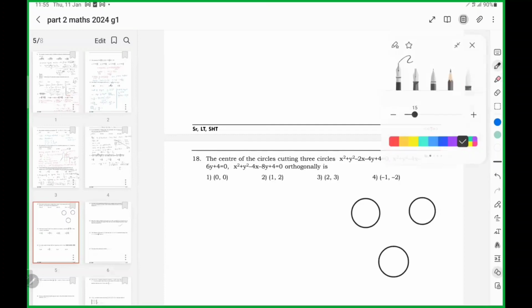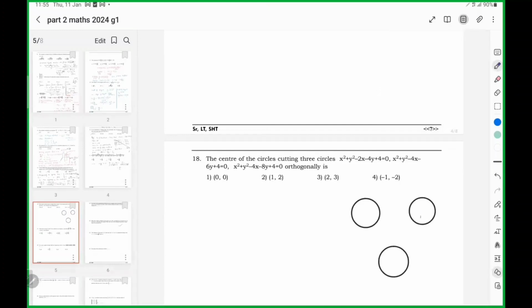A circle which is intersecting all 3 orthogonally is this, whose center is nothing but the center of the circle.